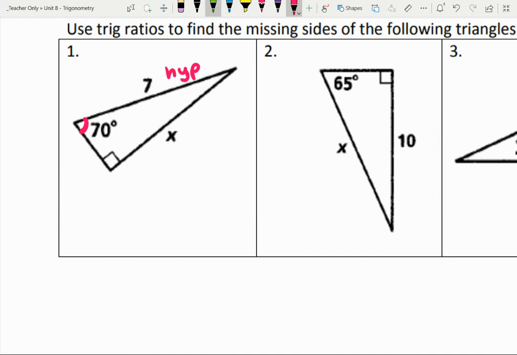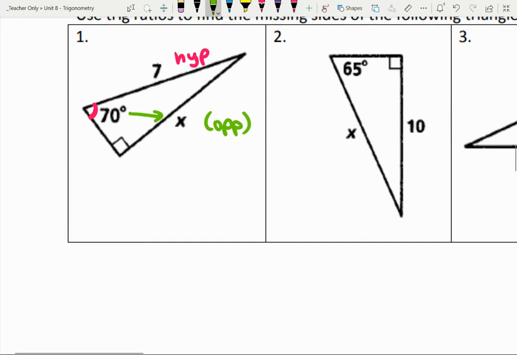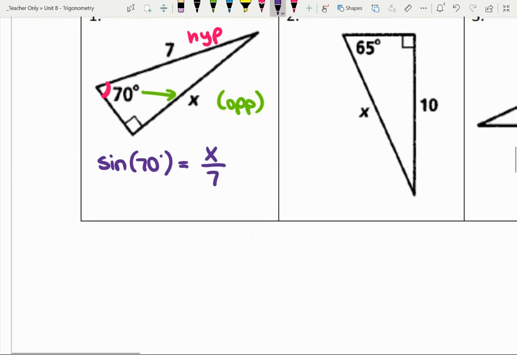Well, x is opposite of the 70 degrees. And so since I'm dealing with an opposite and a hypotenuse, that tells me I'm going to be using sine. This says that sine of 70 degrees is the opposite over the hypotenuse, x over 7.